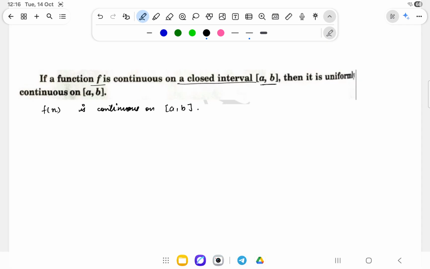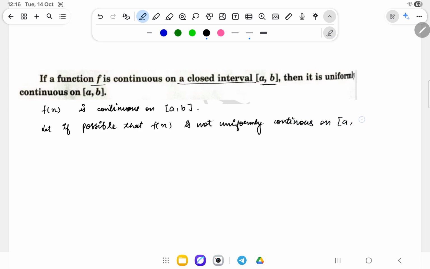We'll just assume, if possible, that f(x) is not uniformly continuous on the closed interval [a, b].